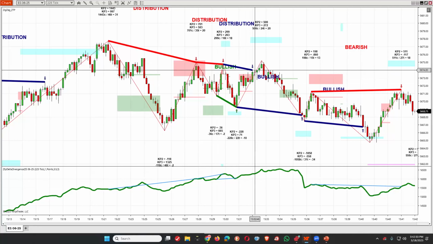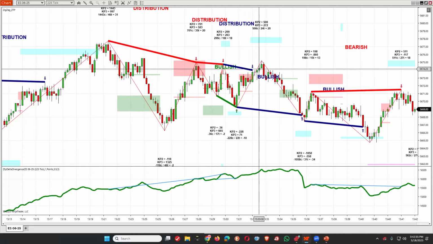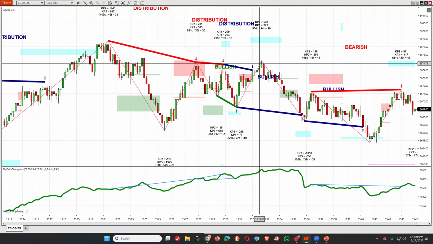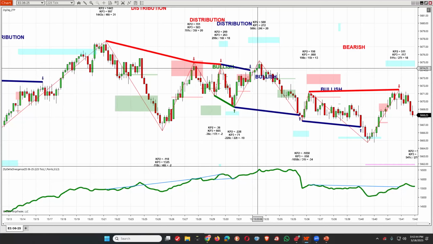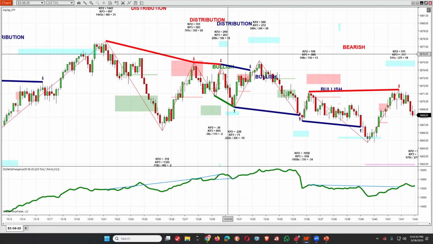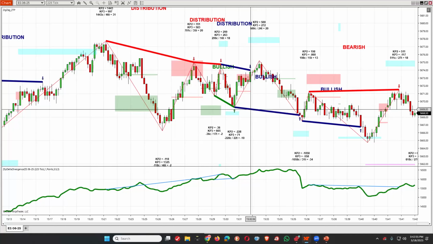So this one, when we went higher right there, that's why this one went blue before it equaled the high, because it analyzed on this bar right here that we were no longer in distribution. So that's basically why it will stop.